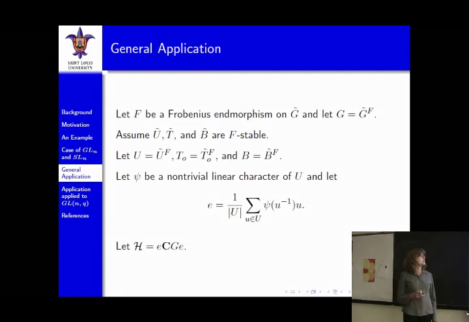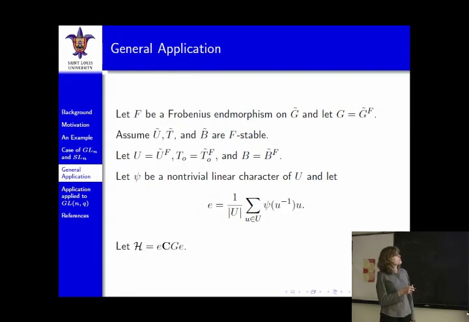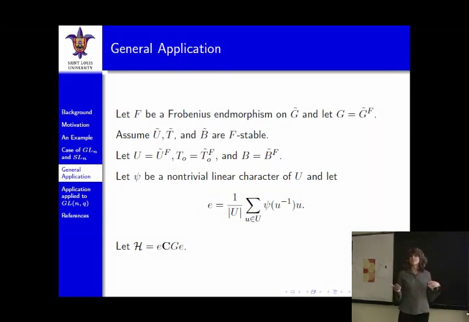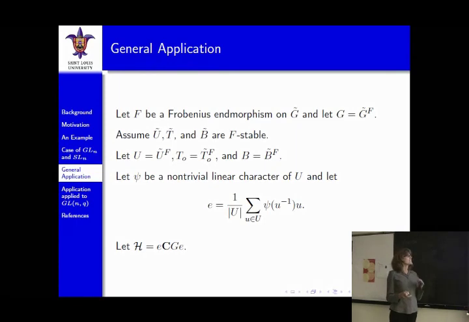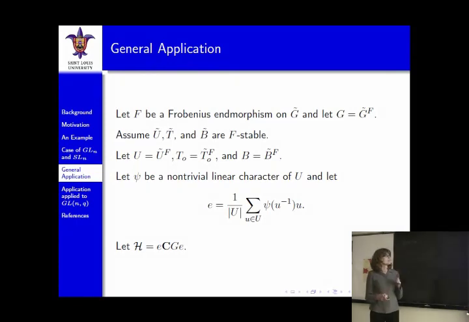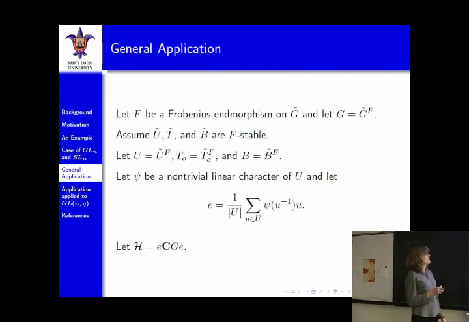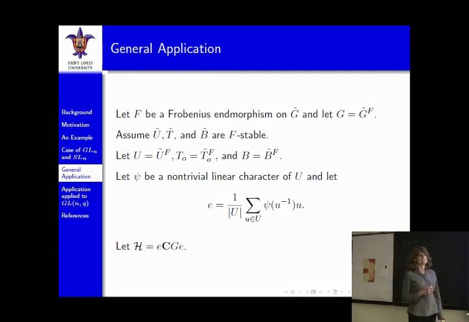Then I'm going to let G be the fixed points of that map, the elements in this algebraic group that F fixes. That's called a finite group of Lie type. For the graduate students in here who've never had a finite group of Lie type defined for you, now you can say that's what a finite group of Lie type is: the fixed points of a Frobenius endomorphism.